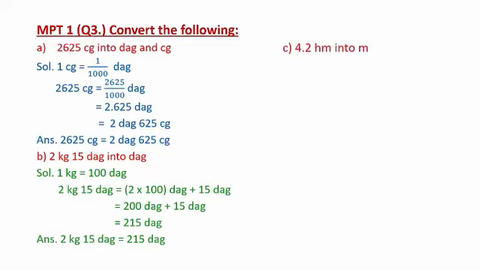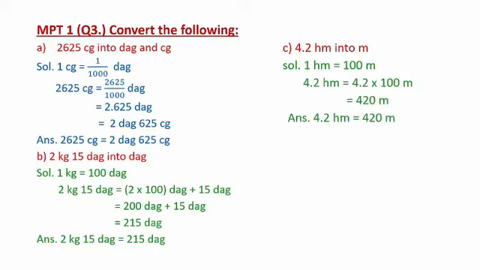Next question is 4.2 hectometer into meter. Since hectometer is a bigger unit and meter is a smaller unit, the operation will be multiplication here. The relation between hectometer and meter is 1 hectometer equals 100 meter.